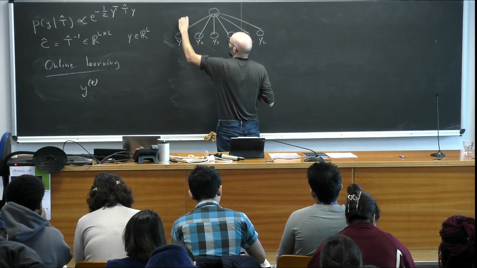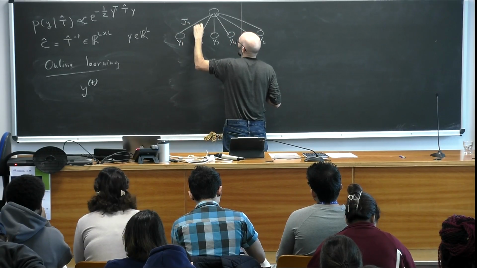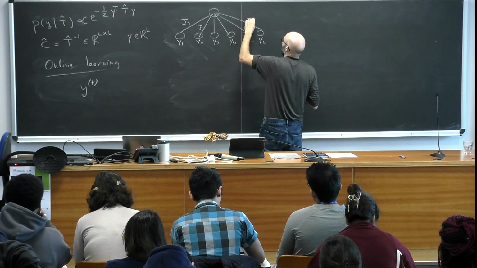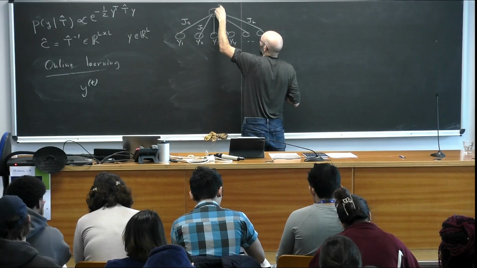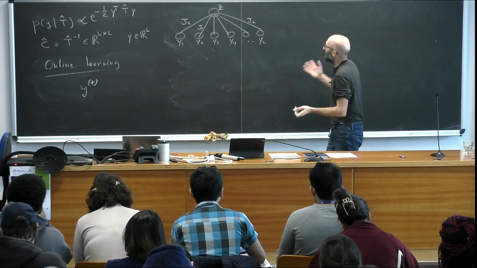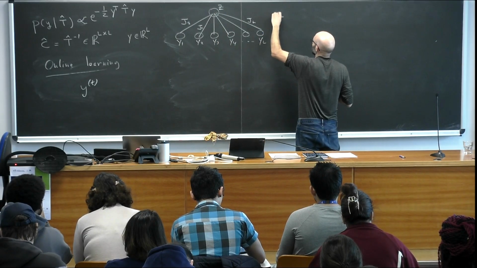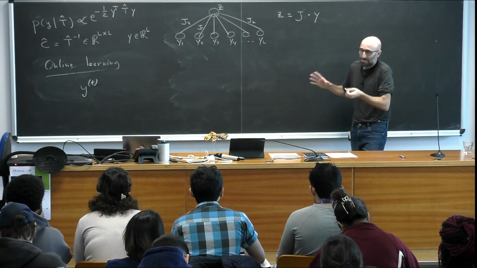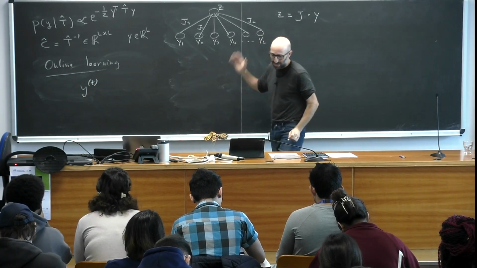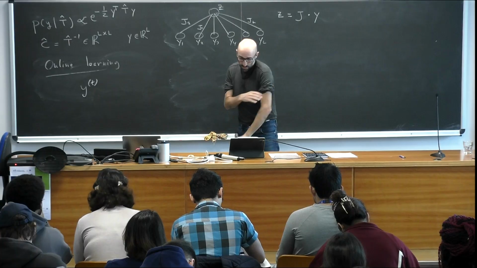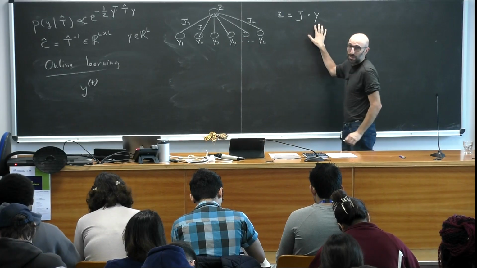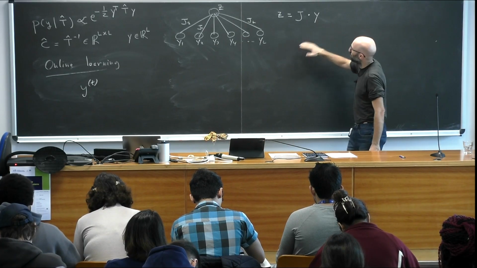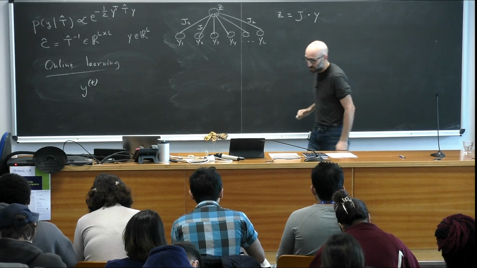So there will be some weights, J1, J2, JL, and there will be an output Z, and the output is just J dot Y. Okay, so this is a perceptron. Essentially, you do a scalar product of J with Y, with the input, and you have your output.